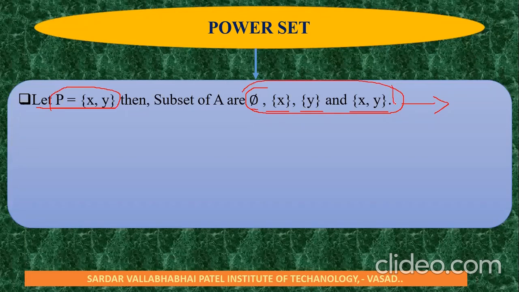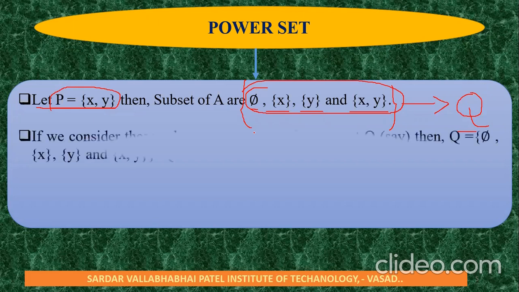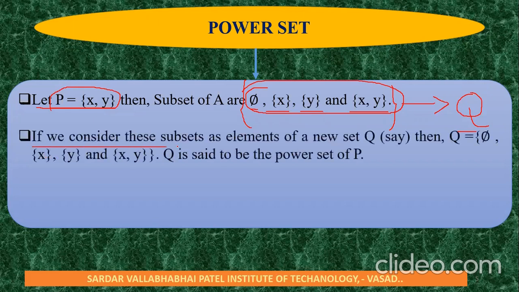We consider this as another set whose elements are the subsets of this set P, and we denote it Q. So Q is equal to {phi, {x}, {y}, {x, y}}, and therefore Q is said to be the power set of P.